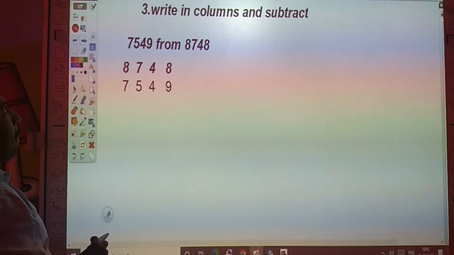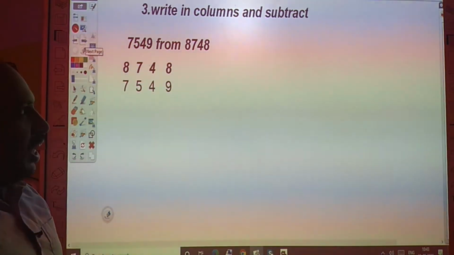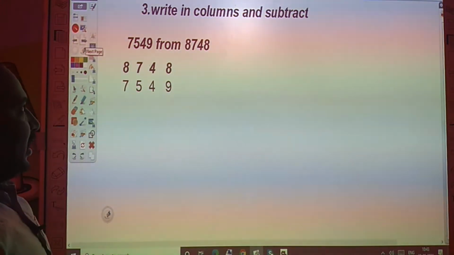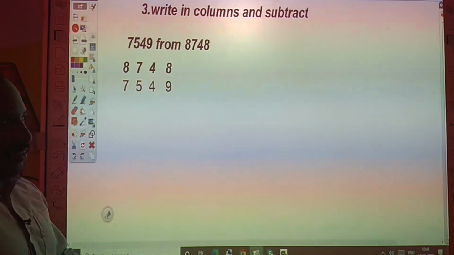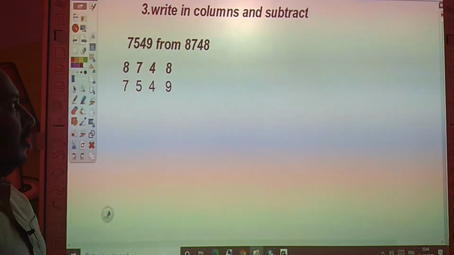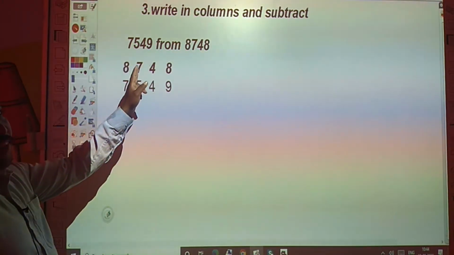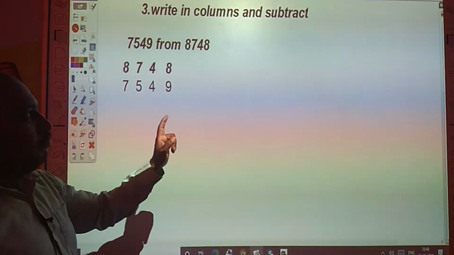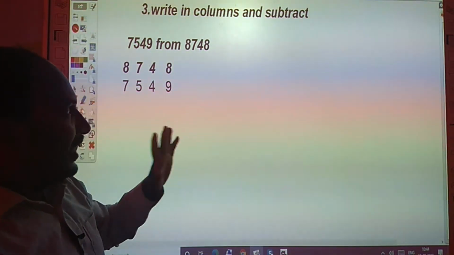The next one, question number 3. Write in columns and subtract. Both are 4-digit numbers. We want to subtract 7,549 from 8,748.